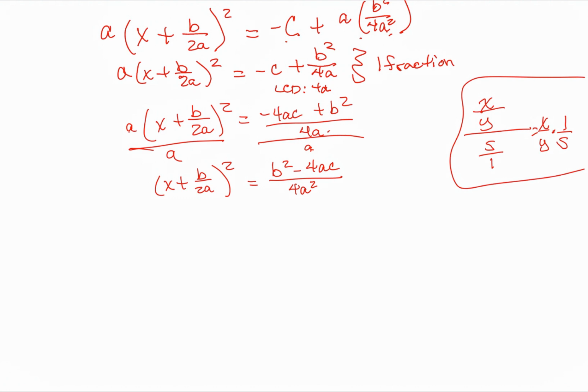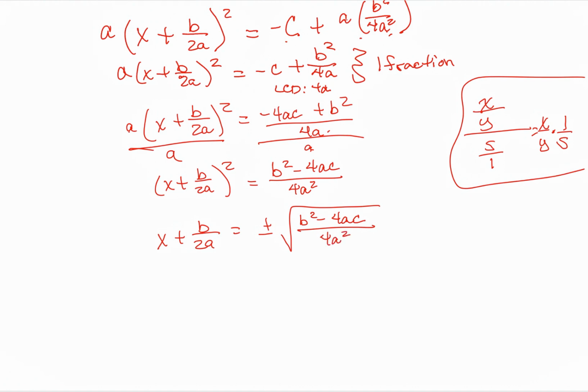All right. Now, by extracting roots, I'm going to take the square root of both sides. So I get x plus b over 2a equals plus or minus the square root of b squared minus 4ac all over 4a squared.